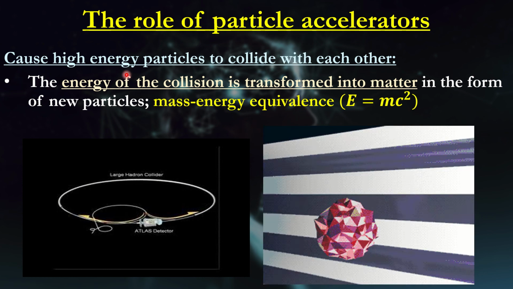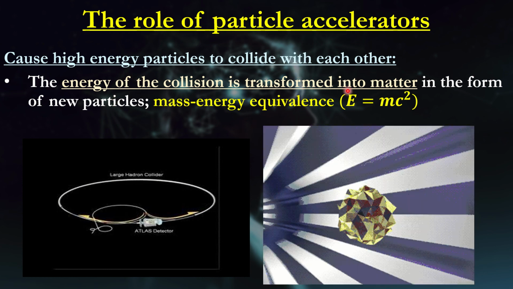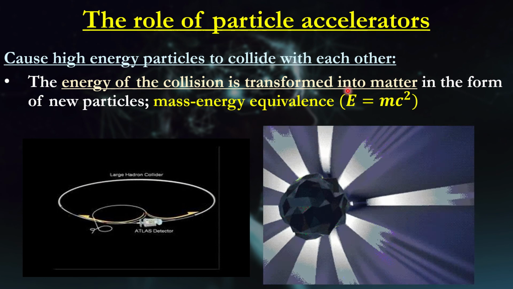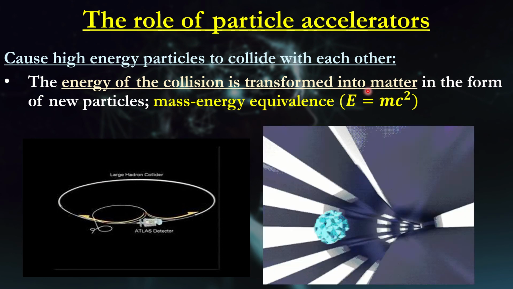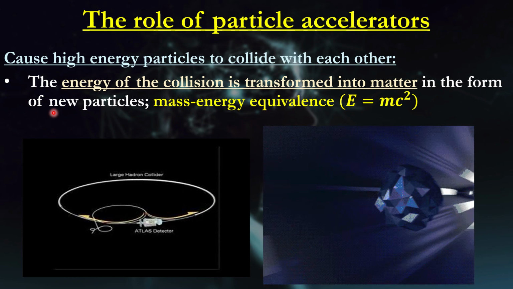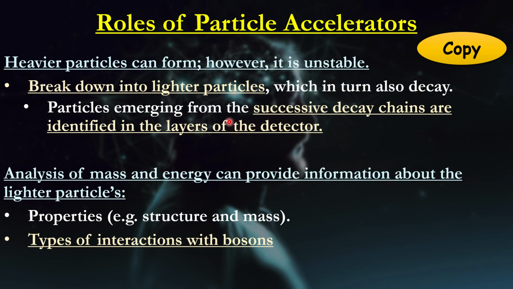When we get high energy particle collisions, the energy of the collision can cause a transformation into matter, or a transformation into energy, but we could get a formation of new particles. If we do get the formation of new particles, obviously they're going to be heavier, and most likely unstable. So we can form new particles using particle accelerators.